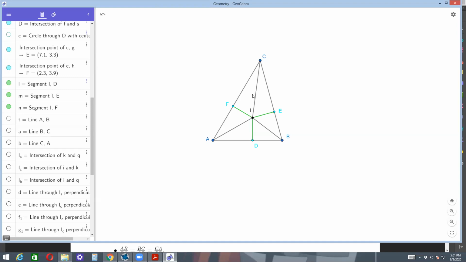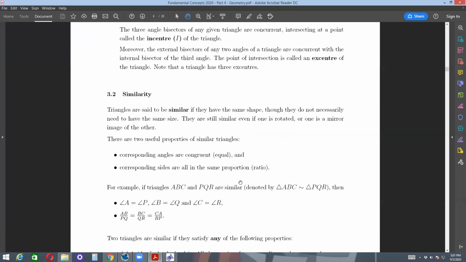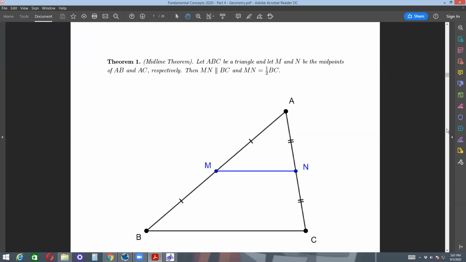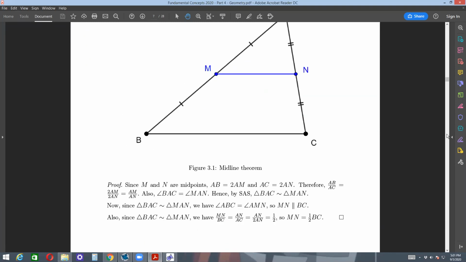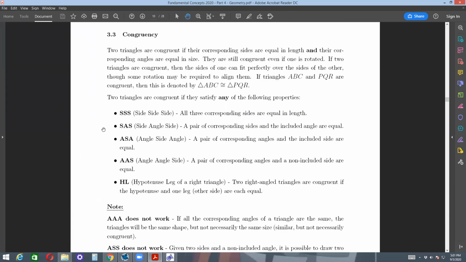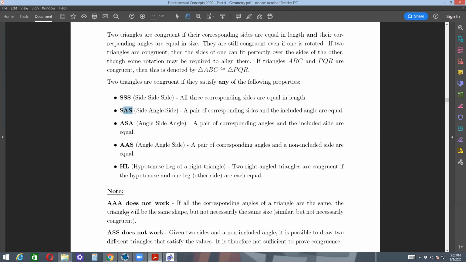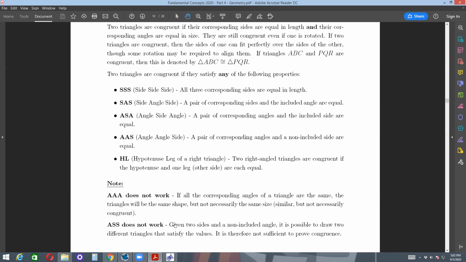But two sides and a non-included angle, isn't that congruency? Let's see. Two sides and an included angle works, but there's nothing with two sides and a non-included angle. That doesn't work. All right.